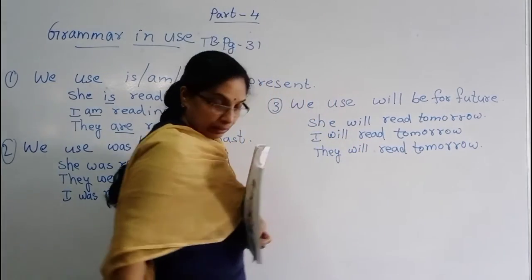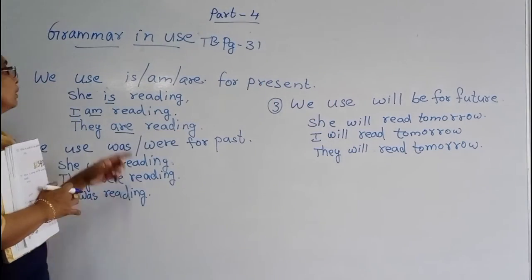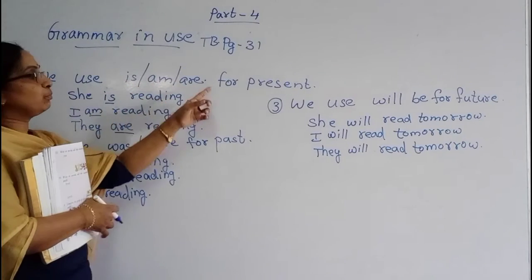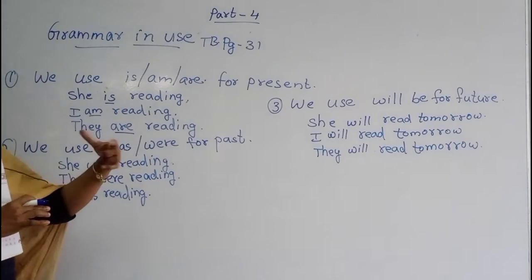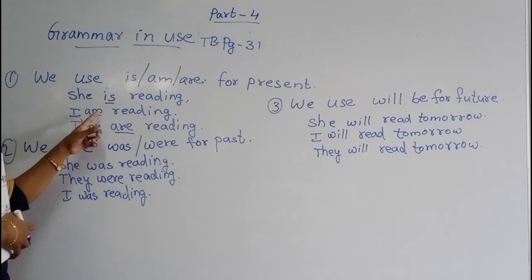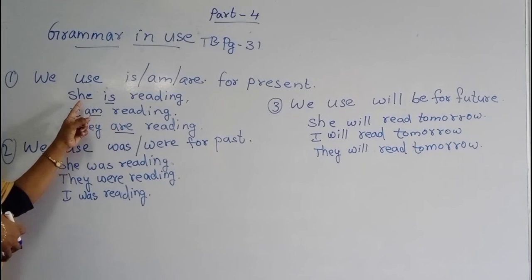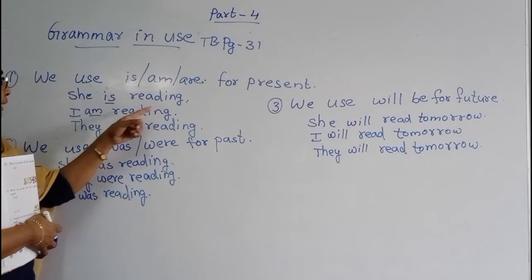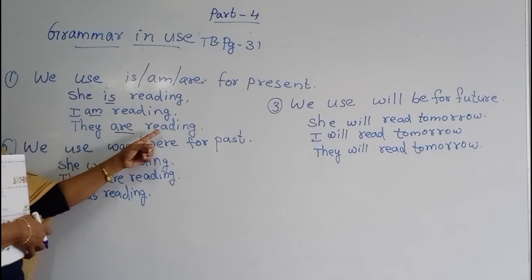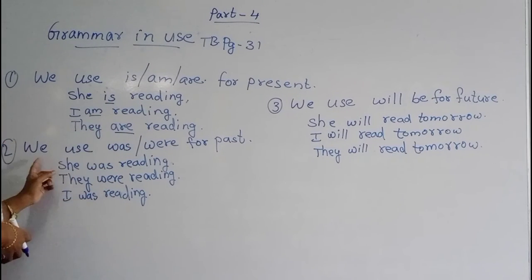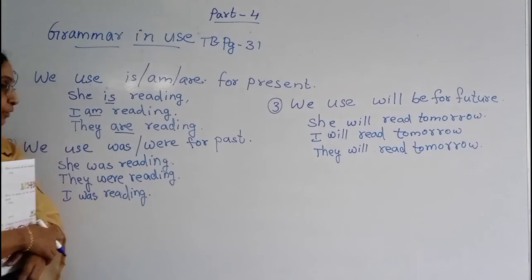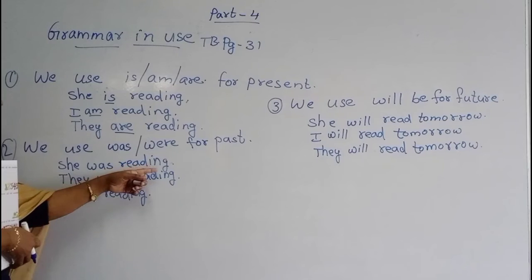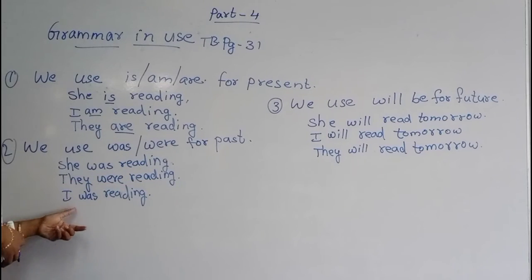Children, listen. Here three statements are there. We use is, am, are for present. Anything we are saying in the present, that continuous happening, is, am, are. She is reading, I am reading, they are reading. Same sentences in the past: we use was or were. She was reading, they were reading, I was reading.